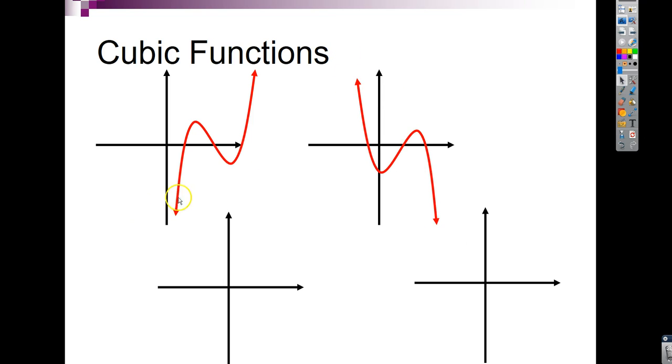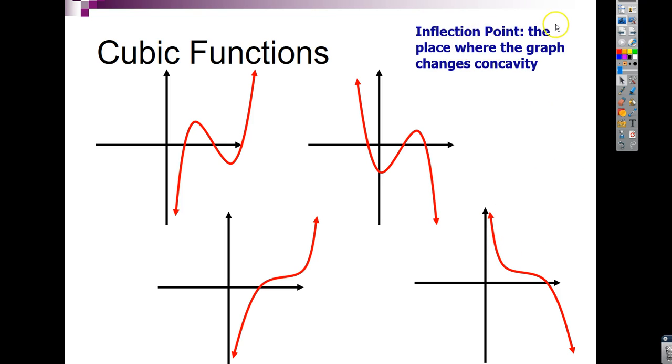But notice that it's the opposite way. So if it's coming up from left to right, it's going to have a positive coefficient. If it's going down from left to right, or starting down, it has a negative coefficient. This one, notice that the coefficient of x cubed is positive because it's coming up, and this one is negative because it's going down from left to right.